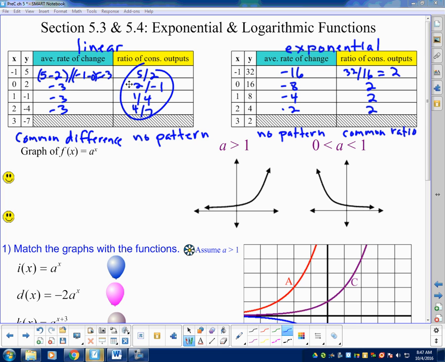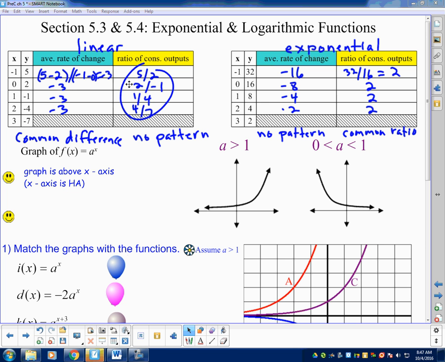All right, graph of f of x equals a to the x. The graph is above the x-axis. In other words, the x-axis is a horizontal asymptote. So the graph is above the x-axis in both cases, whether it's exponential growth or exponential decay.